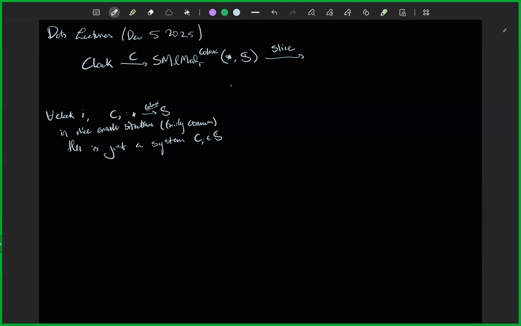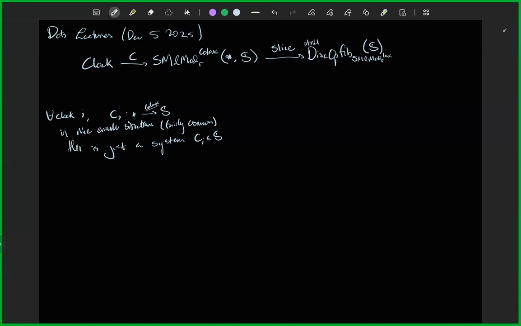This is going to give me a discrete opfibration, a strict discrete opfibration in SML mod R lax over S. And this is just because it turns out to send it to a strict one.